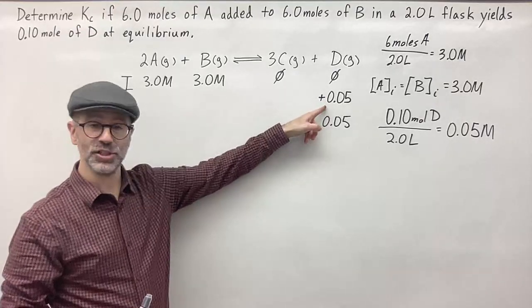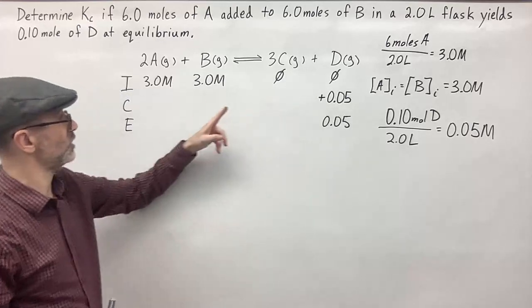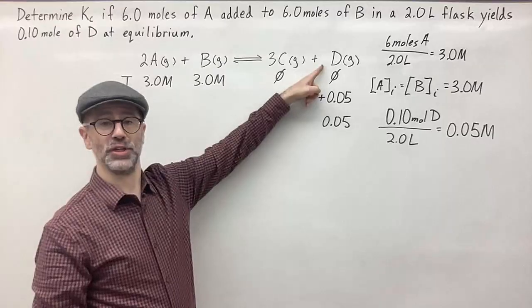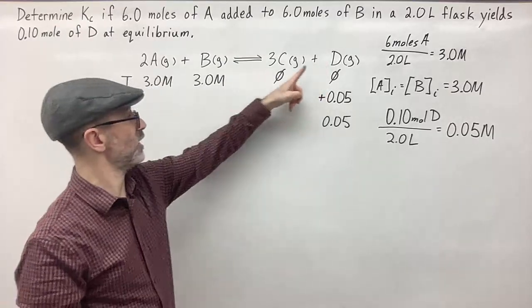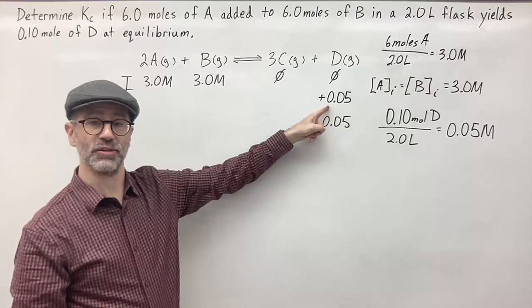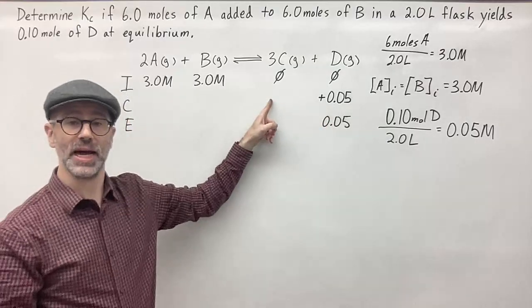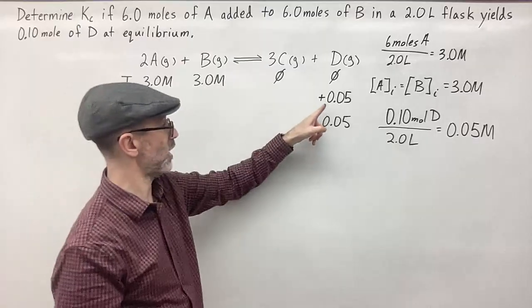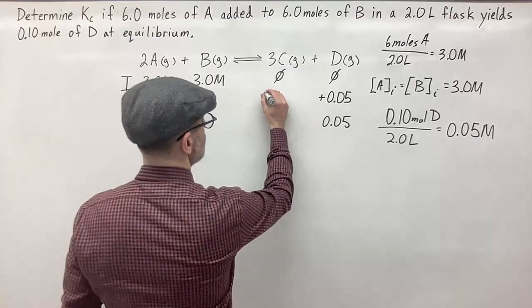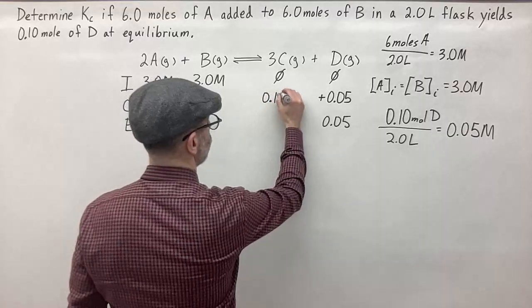So now we can relate this change in D to the other changes in C, B, and A by the stoichiometric amounts, by their coefficients. So this is a 1:3 ratio. If I gain 0.05 here, then I'm going to gain 3 times as much here. All I have to do is multiply 0.05 by 3, and I get 0.15 here.